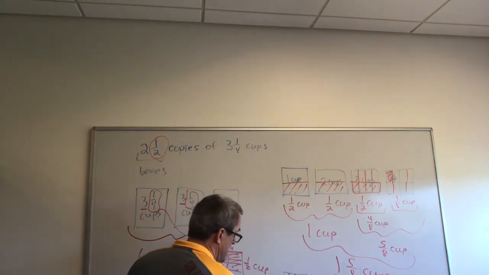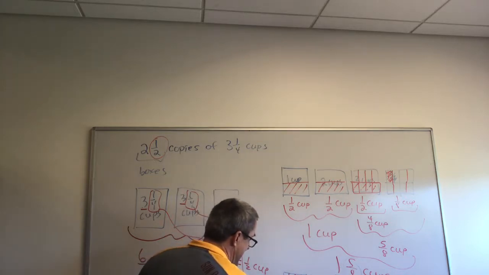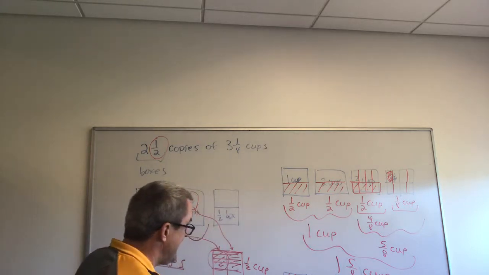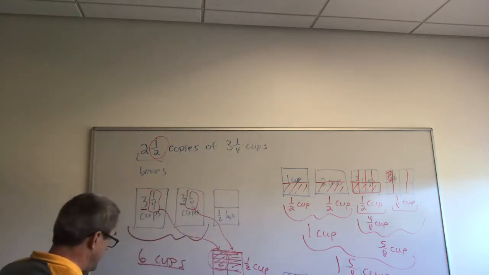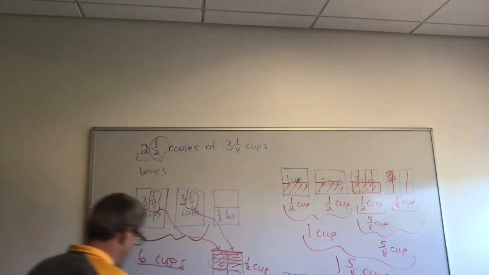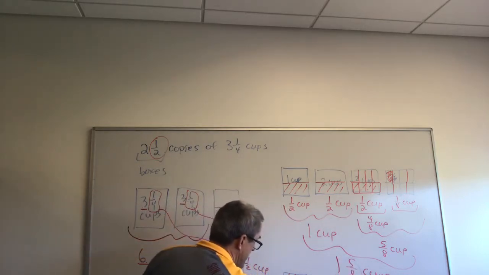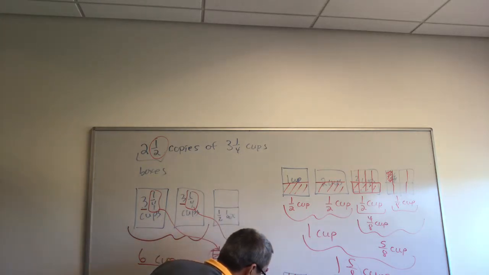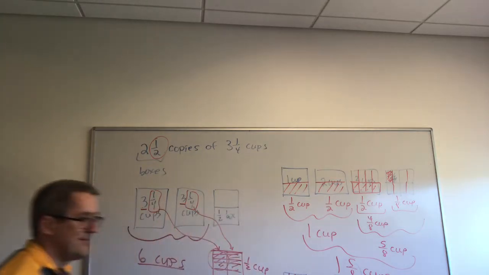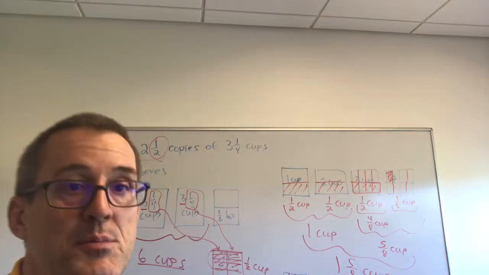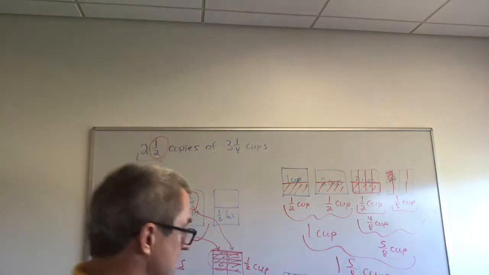Do you all see again that those 4/8 is also a half? Then 5, 6, 7, 8, 9/8. So what I really have is the 7 cups, 6 plus 1, and then I have the half of a cup, 4/8, and 5/8 of a cup, which makes 9/8 of a cup. So I ate 7 full cups and then 9/8 of a cup.